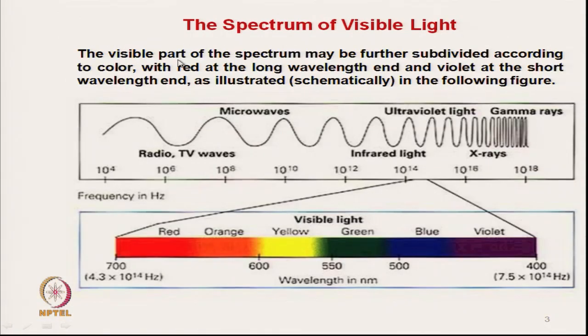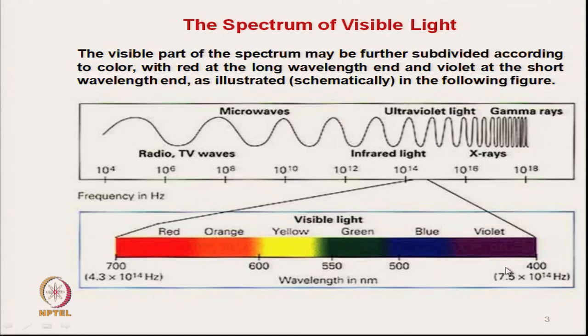The visible light part of the spectrum is divided into different subsections based on color, with red at the longest wavelength and violet at the short wavelength zone.